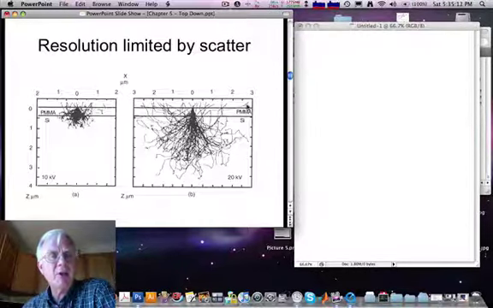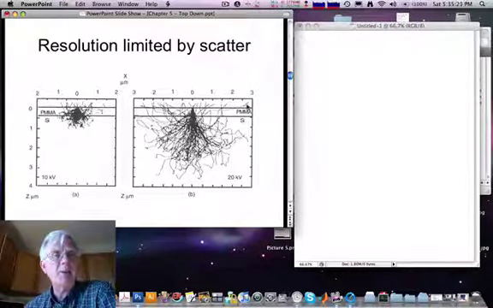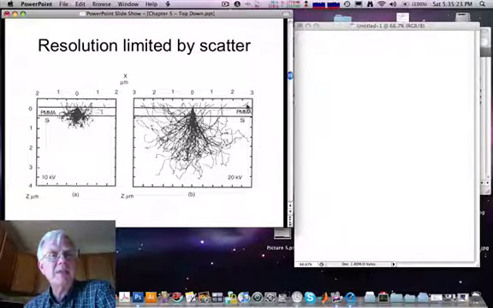These two panels show you calculations of the electrons scattering for focused beams of 10 kilovolts and 20 kilovolts. The scale bar at the top is in microns, so you can see that even for the lower energy beam, the width of the damage done to the polymer, or the strengthening, depending on whether it's a positive or negative resist, is a significant fraction of a micron.